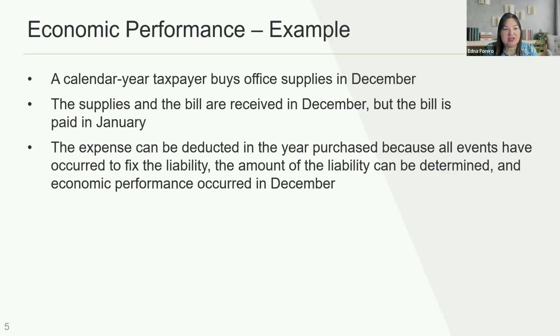So in this particular case, the expense can be deducted in the year purchased because all the events have occurred to fix the liability. The amount of the liability can be determined, and we can determine that the economic performance happened in December. So we've got a clear chain of action of when it occurred, when it was billed, when it was received. Even if it's not being paid until January, we know that it occurred in December, and so it must count for that year.